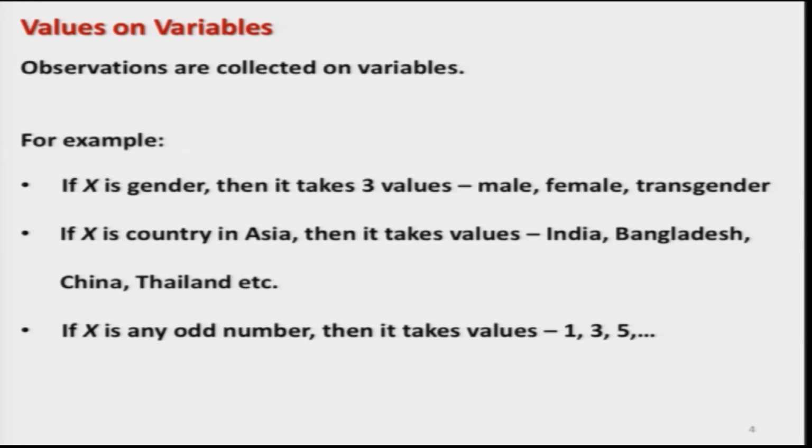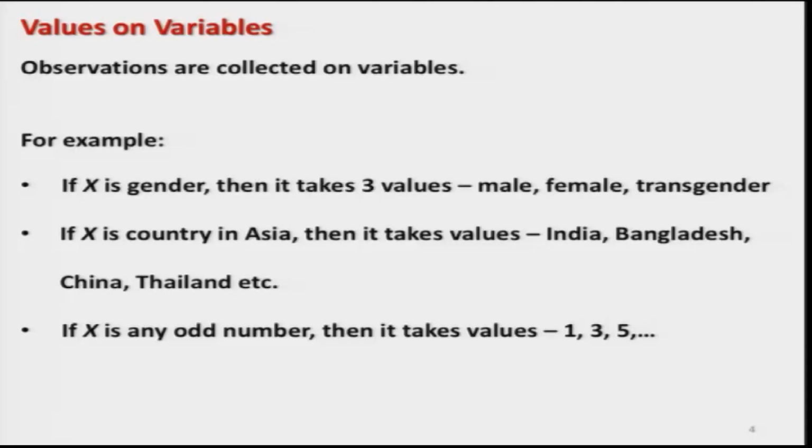Now, I will take some examples to make you understand how the variables are defined and how the observations are collected on them. Suppose I want to know in some college how many male students, how many female students, and how many transgender students there are.